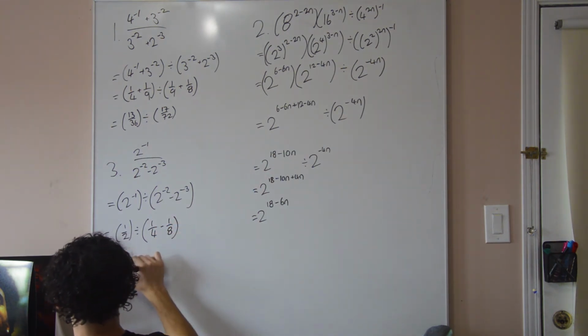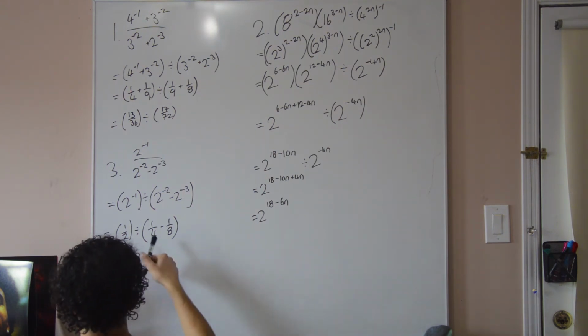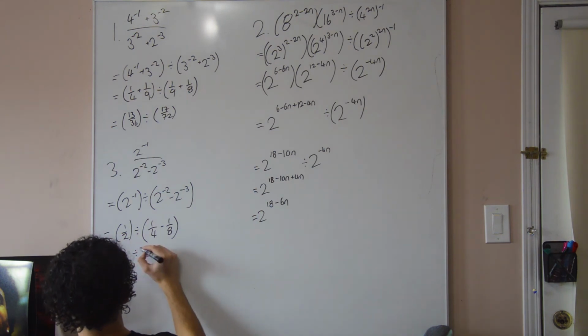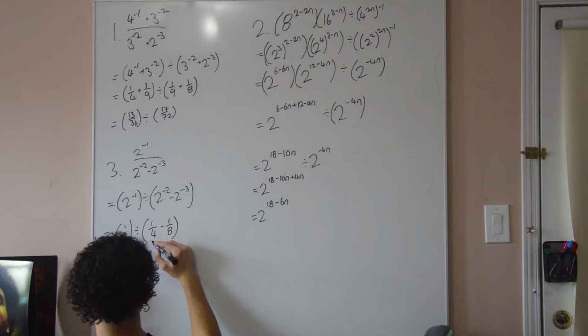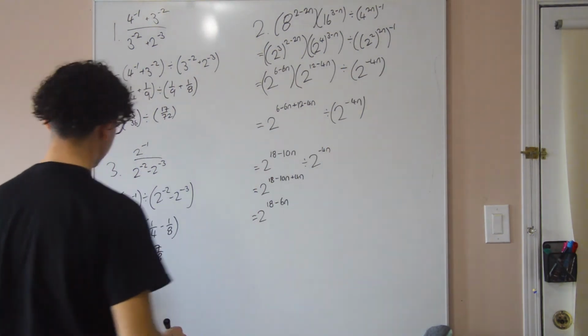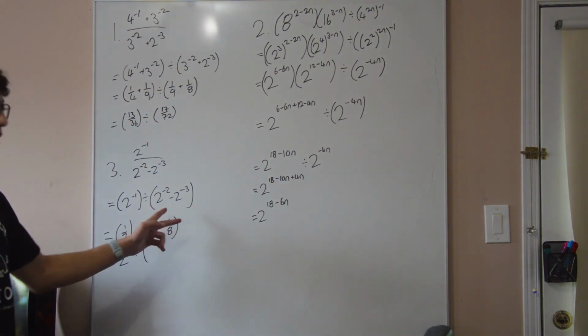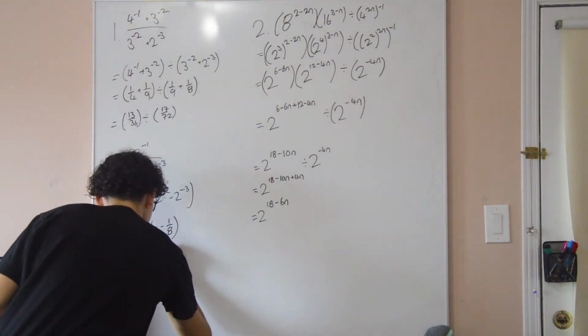So here we're getting 1 over 2 times, actually I'm going to keep it simple for now, 1 over 2 divided by negative 7 over 8, I think. No, sorry, that's wrong. This just becomes 2 over 8 minus 1, so divided by 1 over 8.